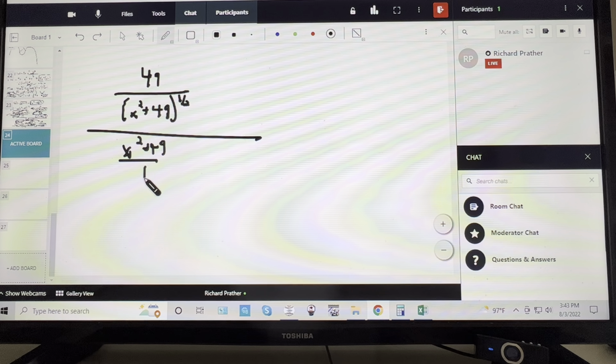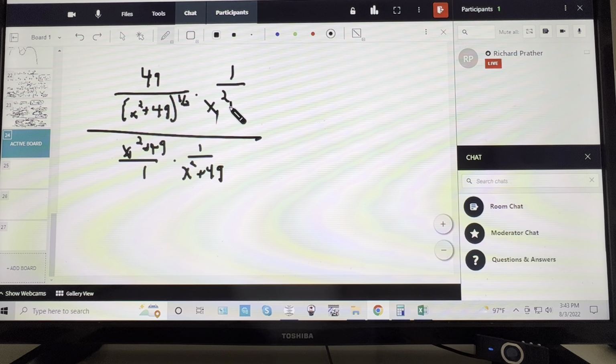And you could put that over 1, so you have a fraction divided by a fraction. Flip the second and multiply. Now this 49 definitely does not cancel that one because there's a plus right here. But all of this cancels out.